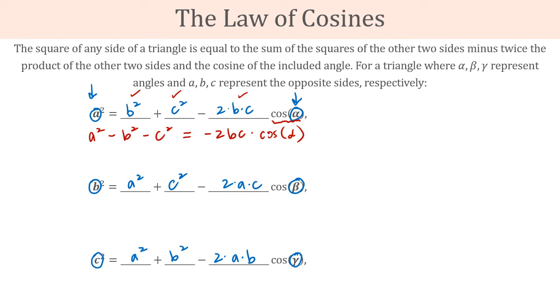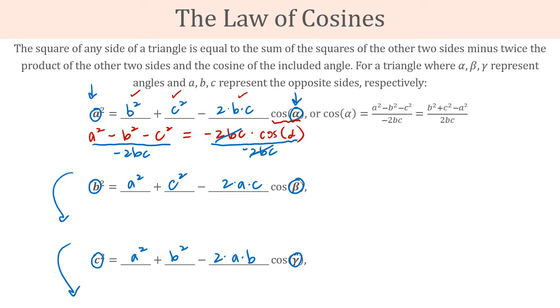To get that cosine of alpha by itself, all that I would have to do is divide by negative 2bc and divide by negative 2bc. And that would get me a formula for the cosine of alpha. I could do that same procedure for each one of the other angles. And that generalized formula would look like this.